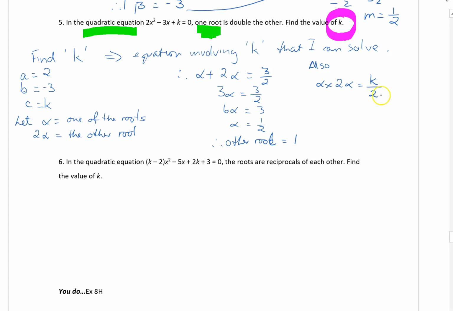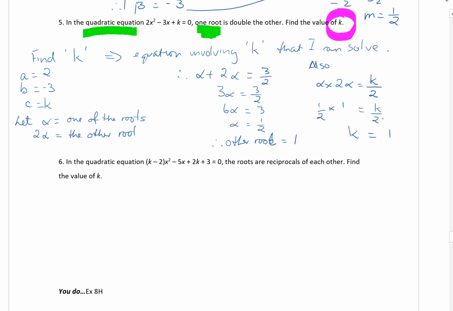So I've finally got an equation with k in it, but we also know the value of alpha and 2 alpha. So we've got alpha is a half and 2 alpha is 1, is equal to k on 2. So we've got that k is equal to 1. Yep, 2 on 2 is 1, k is equal to 1.